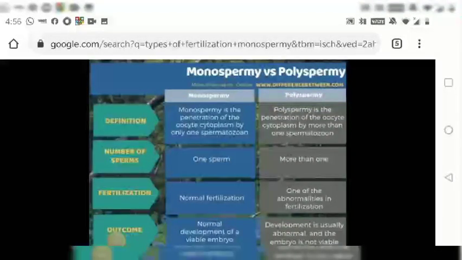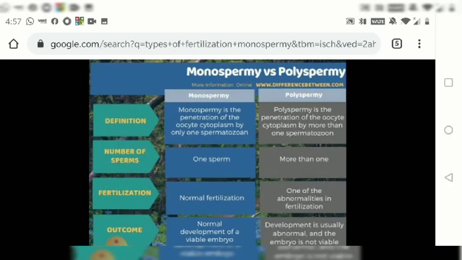So next we'll discuss types of fertilization depending upon the sperm involved during fertilization. Usually there are two types: monospermic and polyspermic. So what is this monospermic? By the name itself you can know that a single sperm enters the egg.